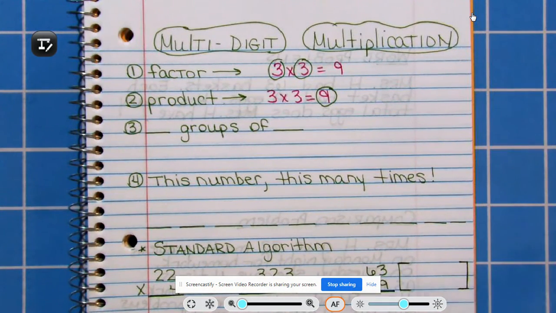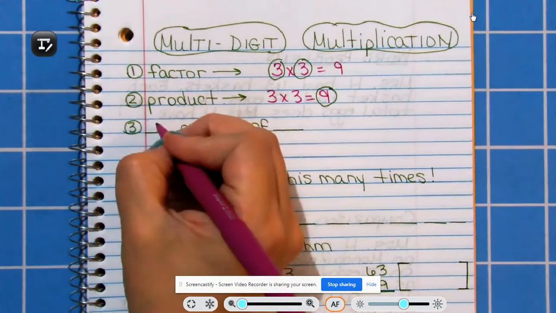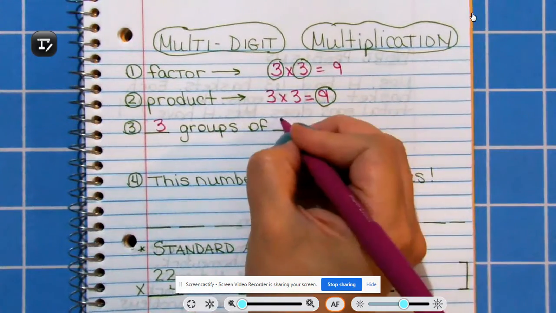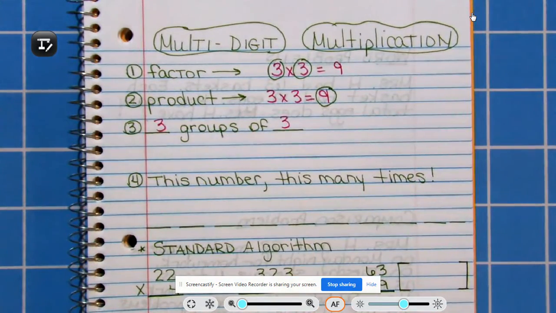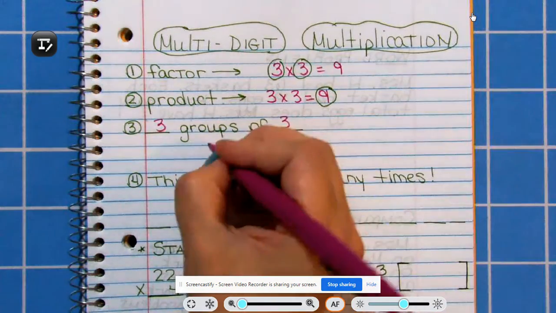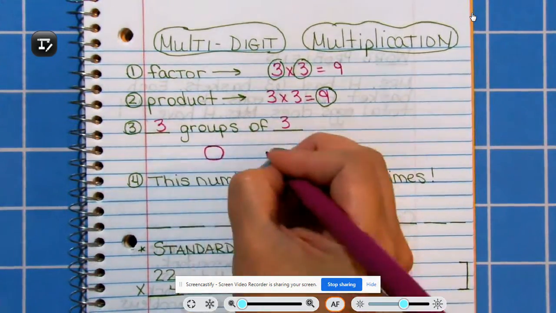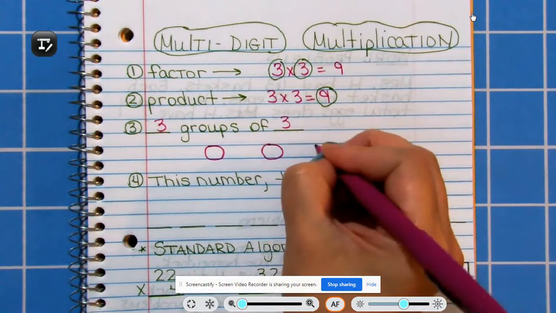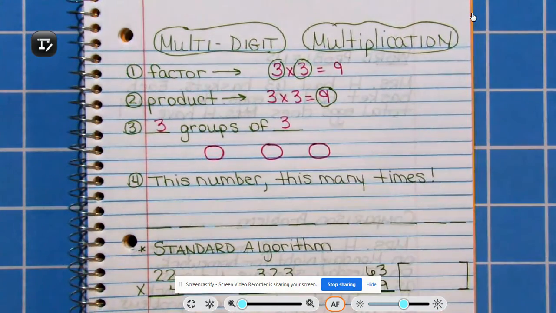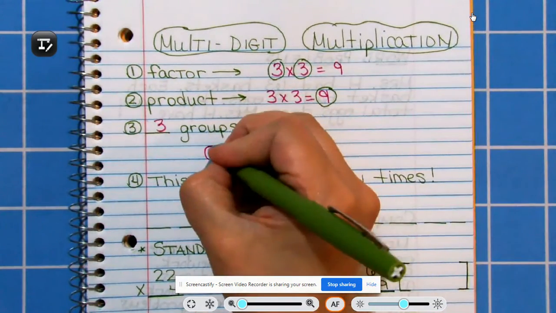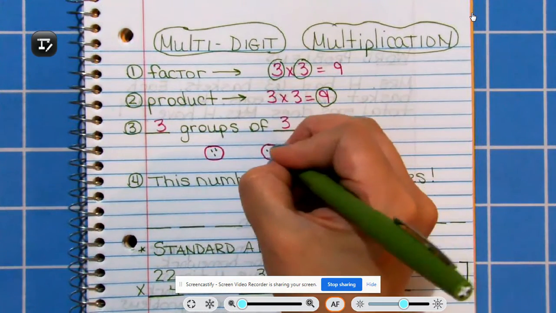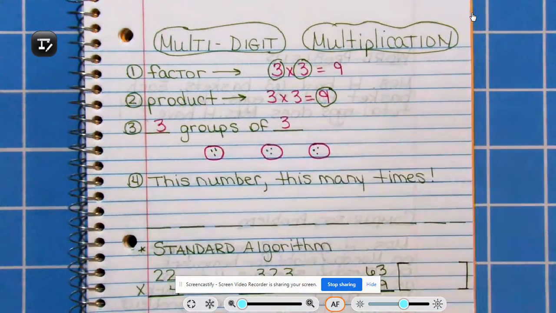Multiplication, one way to think about it is I have blank groups of blank. So in this case, we have 3 groups of 3. And what that looks like is we have 1, 2, 3 groups of 3. We have equal groups.